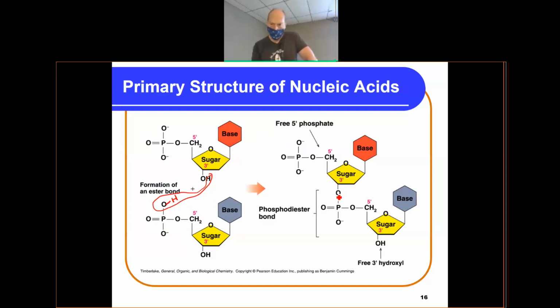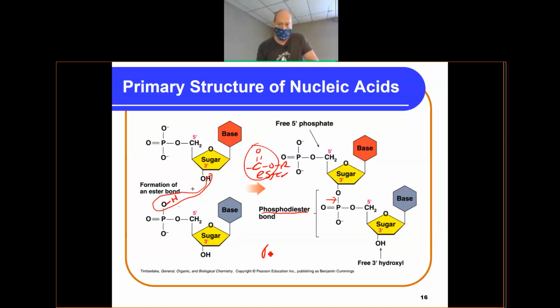When you link that here, we have made this bond. When you link these two different nucleotides into a polymer, you make this bond. Now, it's called a phosphodiester. So remember your esters from organic. That is an ester.